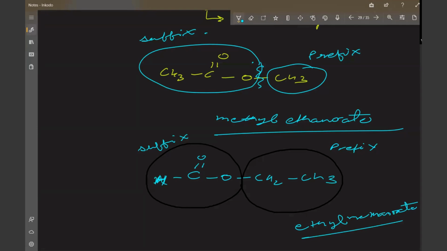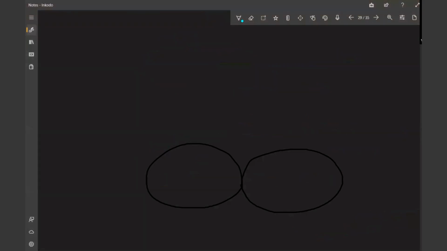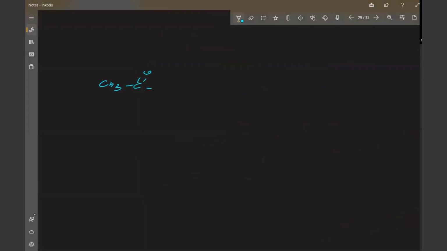Can you tell me how we can make esters? By reacting an alcohol and a carboxylic acid. Perfect. Basically, the normal reaction is to take any carboxylic acid plus an alcohol, and you have to simply remove water.